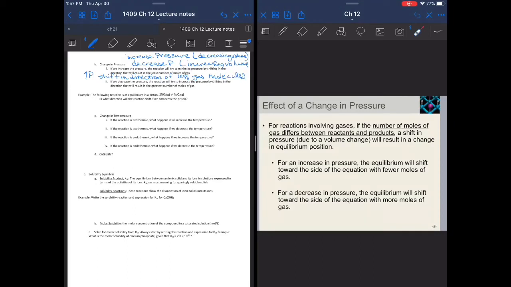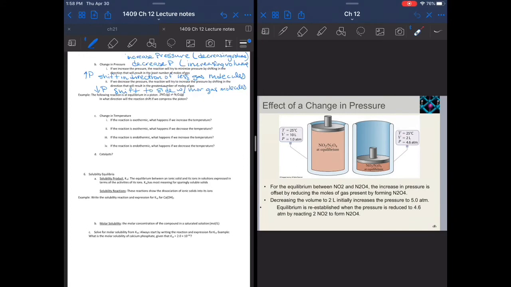That'll relieve some of the pressure that you've created by maybe making the container smaller. If we decrease the pressure, then we're going to shift in the opposite direction. We're going to shift to the side with more gas molecules, because now there's more room for the gases to move about.